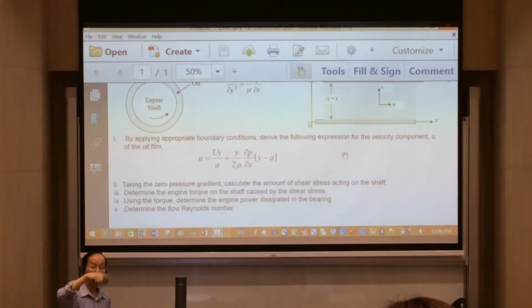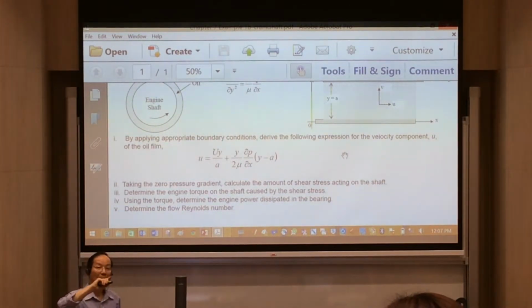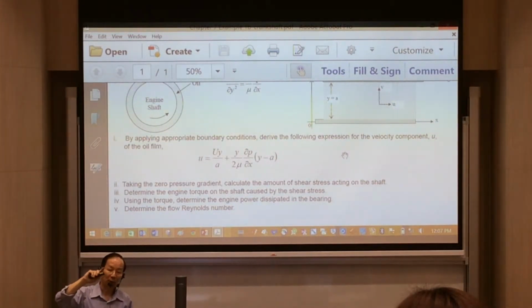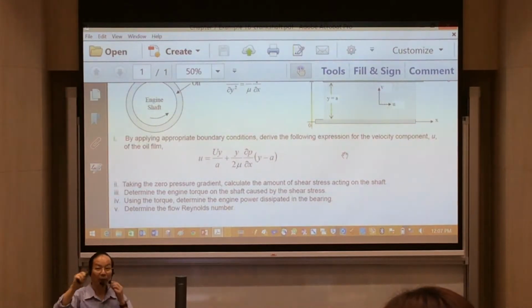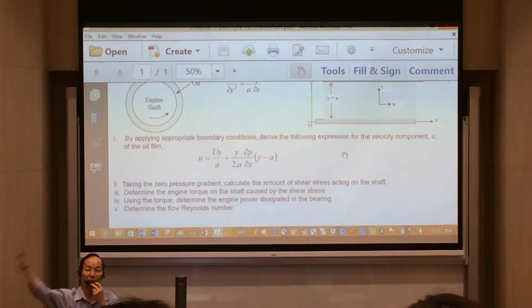We did engine torque also before Chinese New Year. Then, determine engine power dissipated in the bearing. I hope you can still remember the expression relating power and torque. Power for circular motion of a shaft, what is power?